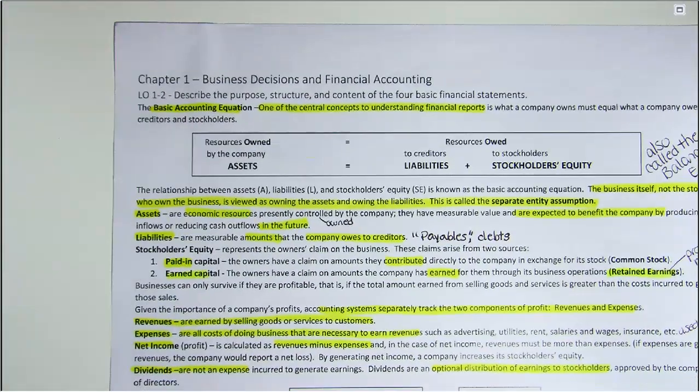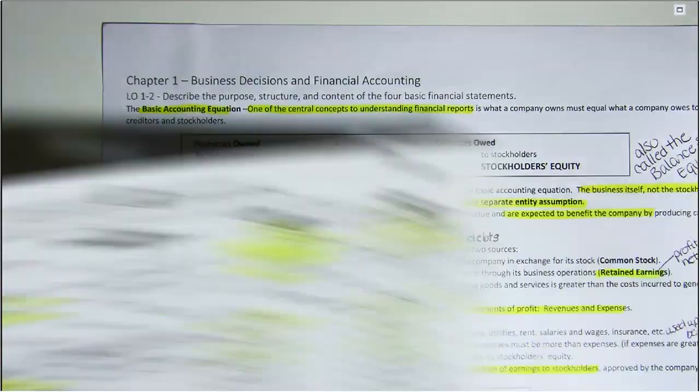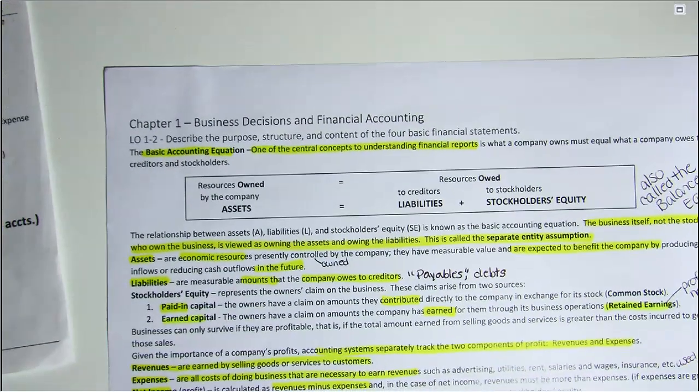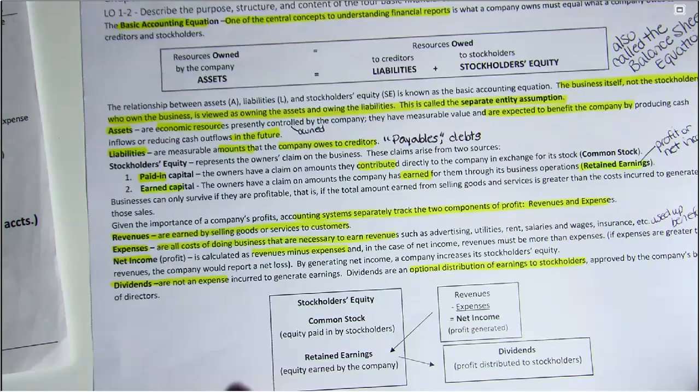And I suggest that you should quiz yourself daily to make sure that you know this material. Because in Chapter 2, we're going to assume that you know the various types of assets, liabilities, and owner's equity, that you know the accounting equation, that you fully understand this information.